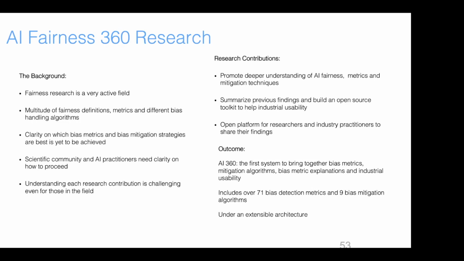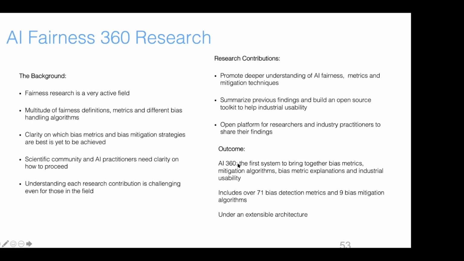We also encourage you, if you have done some sort of research regarding AI fairness and you would like to contribute, then you can always add your research findings to this open community toolkit.